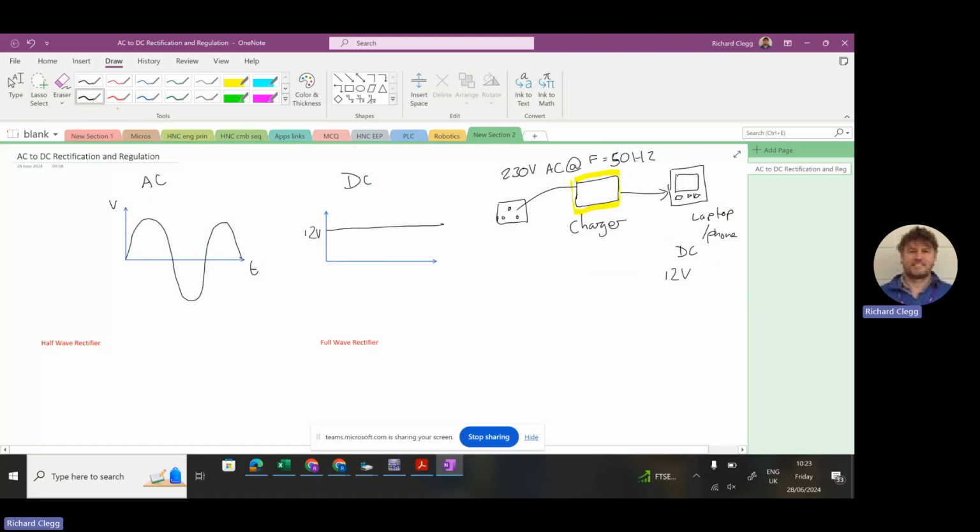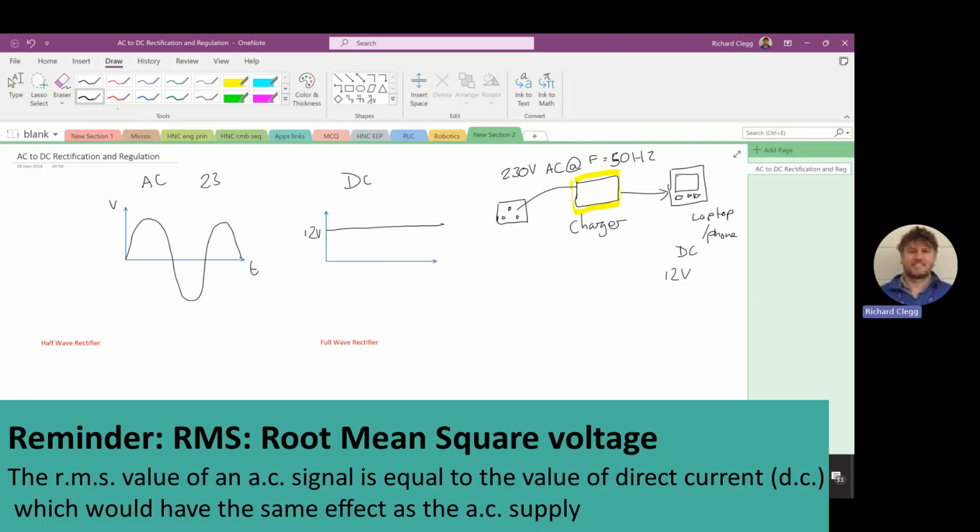This, as we said a minute ago, is 230 volts from the power sockets, but it's an RMS value, 230 volts RMS.